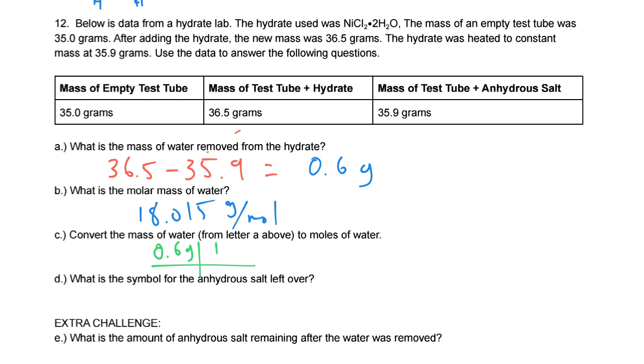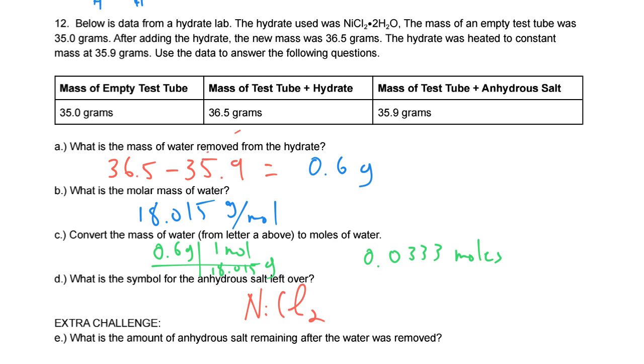We will multiply that by 1 mole over 18.015 grams to get that we had 0.0333 moles of H2O. What is the symbol for the anhydrous salt left over? So it's just the nickel chloride.